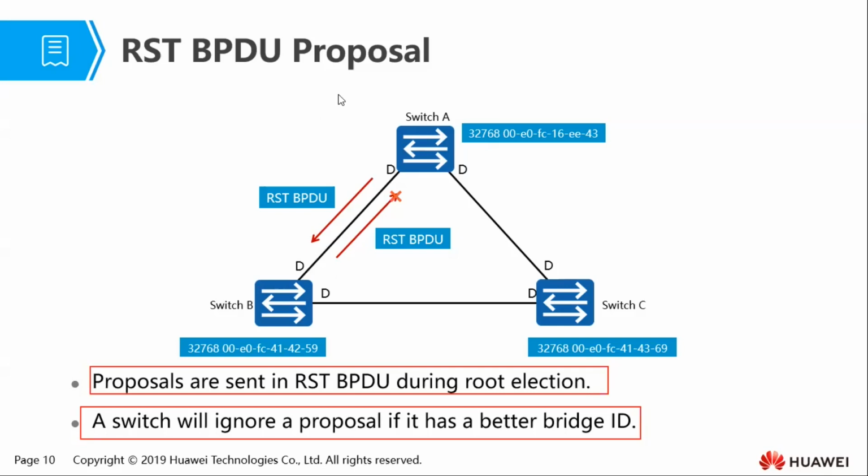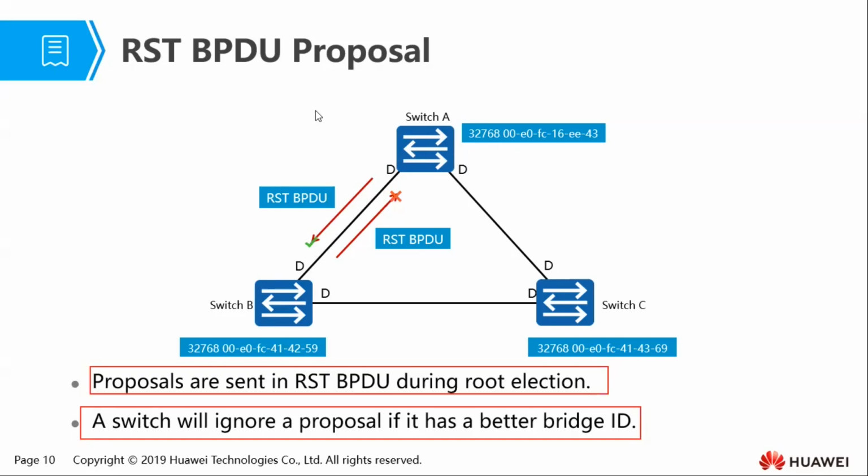Otherwise, if I receive the RSTP BPDU and it has a better bridge ID, then I'm going to process it. By processing it, I mean I'm going to stop sending my own RSTP BPDU, then I'm going to send an acknowledgement. So the acknowledgement bit is going to be set to 1, and the proposal bit is also going to be set to 1.